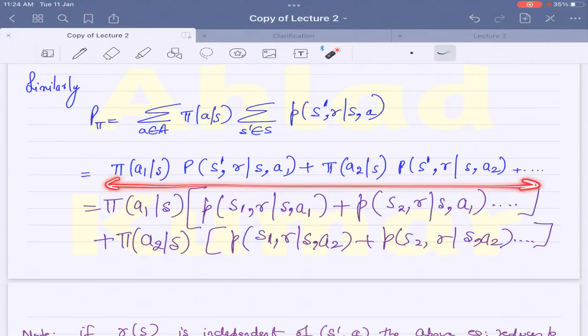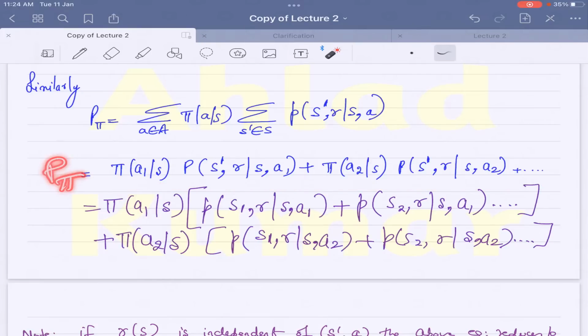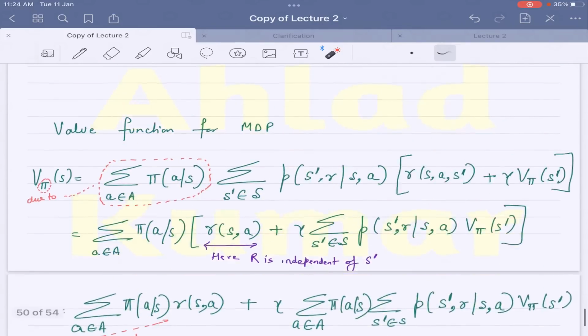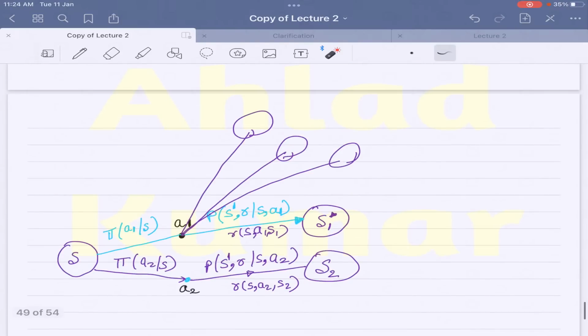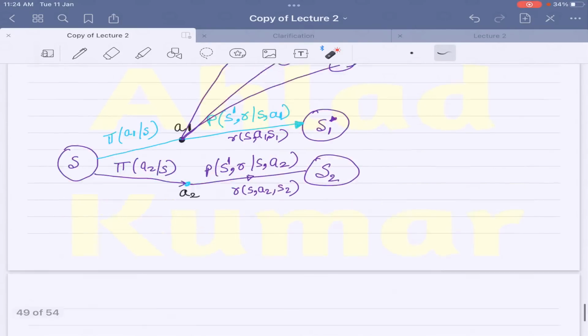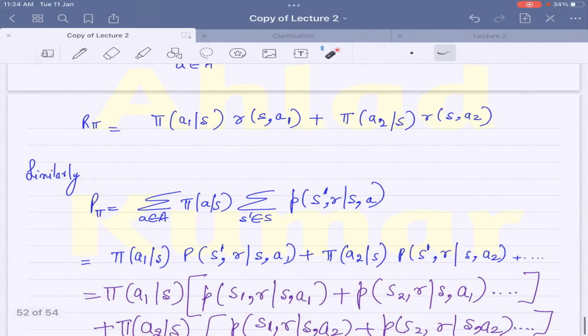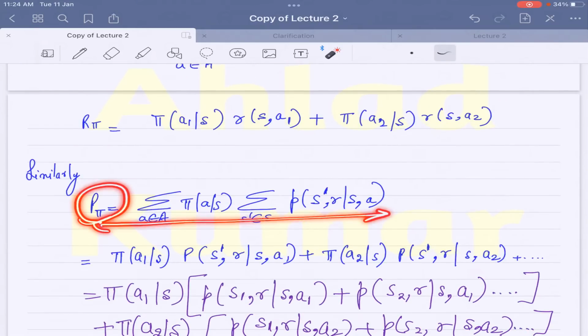So I hope you can understand what this P pi is now. It is basically the effective transition probability that you will calculate for this T diagram, which is a generalized probability tree diagram. So now you can clearly understand what P pi is.